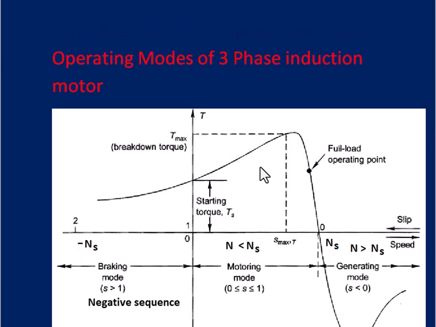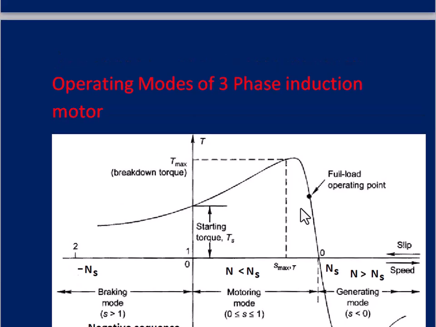In that case, the induction motor mode of operation is called motor operation, that is motoring mode. So the slip range is 0 ≤ slip ≤ 1, means slip range is 0 to 1.